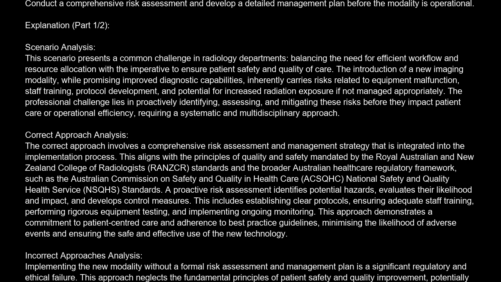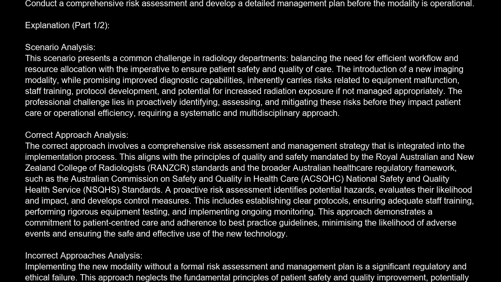Correct approach analysis. The correct approach involves a comprehensive risk assessment and management strategy that is integrated into the implementation process. This aligns with the principles of quality and safety mandated by the Royal Australian and New Zealand College of Radiologists, RANZCR, standards, and the broader Australian healthcare regulatory framework, such as the Australian Commission on Safety and Quality in Health Care, ACSQHC, National Safety and Quality Health Service, NSQHS standards.